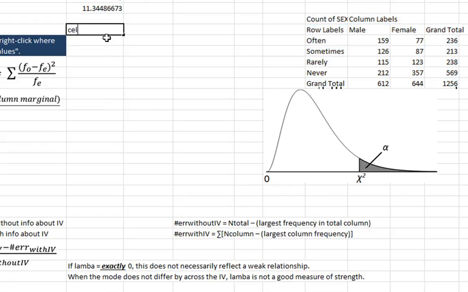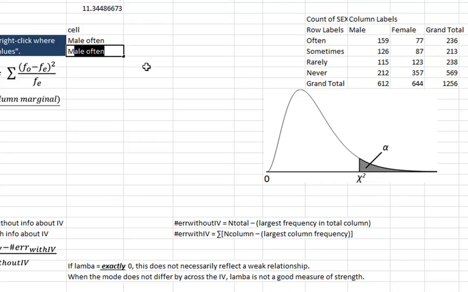We need to make sure when we construct our chi-square table that we keep track of each and every cell that we have. So what do I mean by each cell? Each of these 8 cells we're going to list right here. So we have the males who were spanked often.